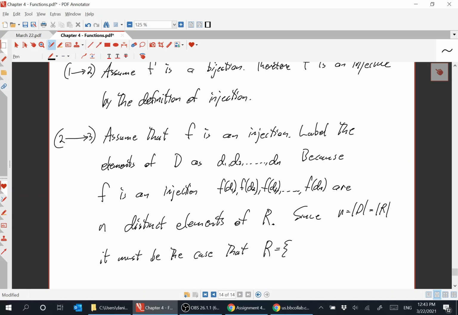So if I have a list of names for the class, and I go down that list taking roll call, right? Adams here, Barber here, Cedric here, and so on and so forth.